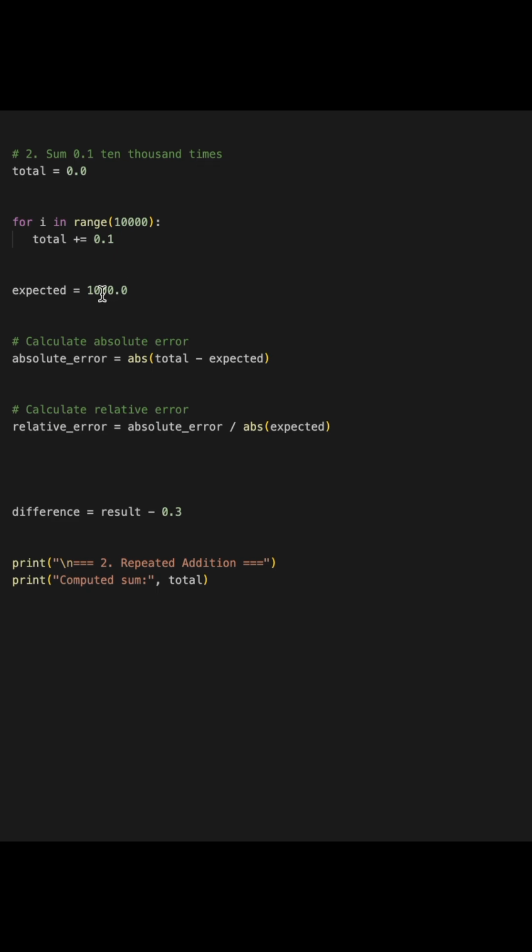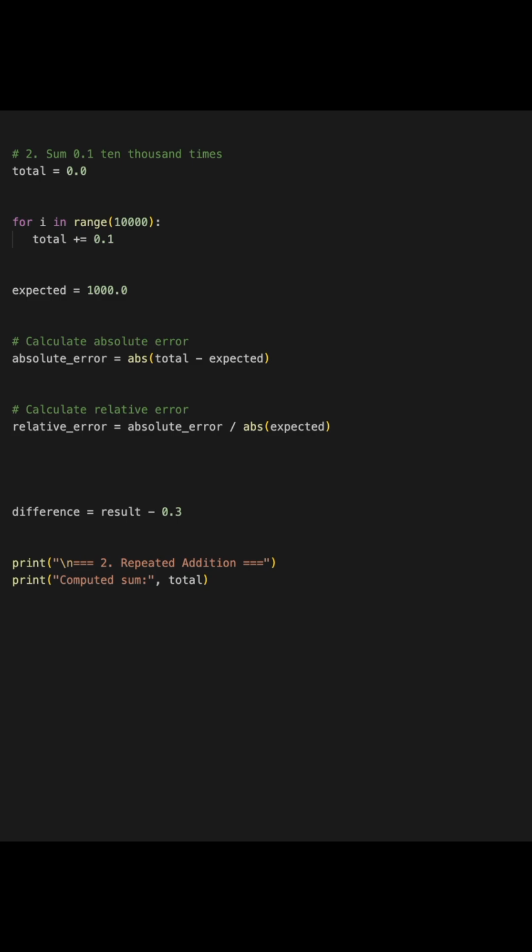So the abs function gives us the absolute value of the difference. We also calculate the relative error. This tells us how large the error is compared with the expected result. This example shows that even a very small floating point error can accumulate when the same operation is repeated many times.